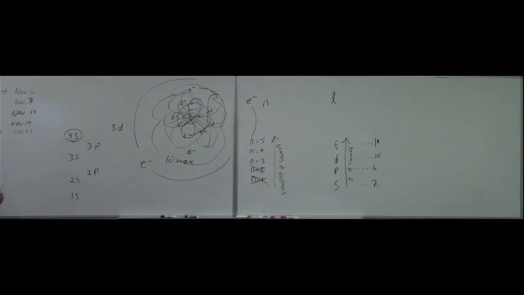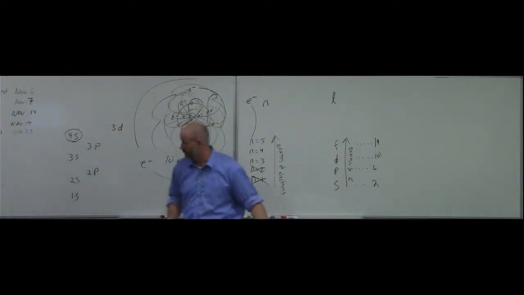Let me read to you exactly what this says about that. The 3d orbital is higher in energy than the 4s orbital. That's all it has to say. That's all it's going to tell me. Does this make sense right now? Okay, good. I'm going to erase this hot mess, and we're going to keep going.